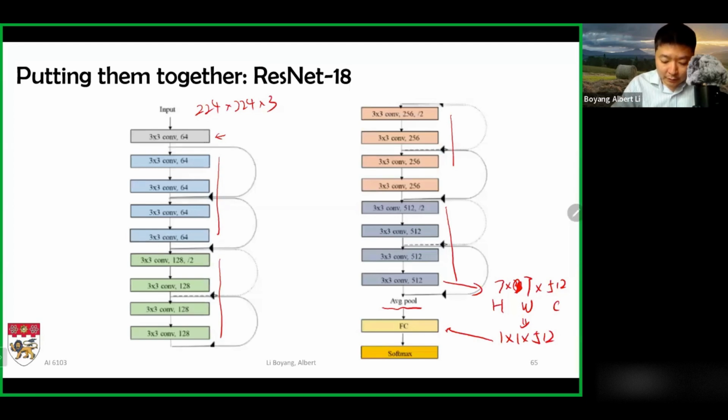Now, throughout the network, we have 5 major groups, or rather 4 major groups and 1 layer, which we call the stem layer. Okay. In this network, every convolution has 3 by 3 kernel filters, but the number of channels and the spatial dimensions change through the network.